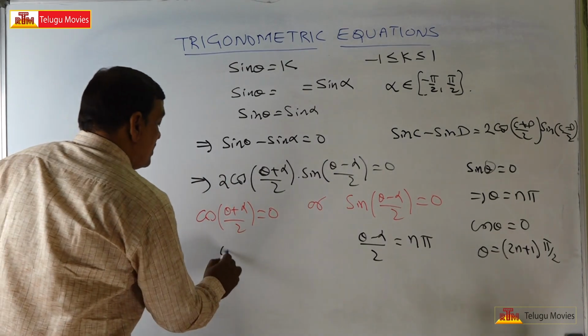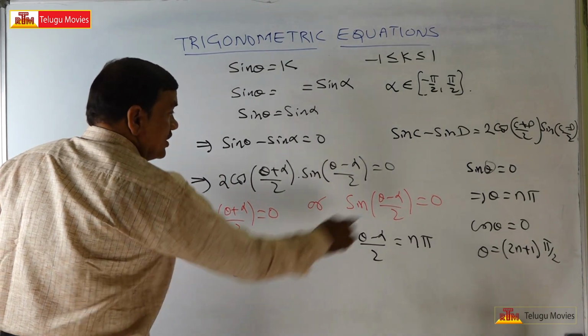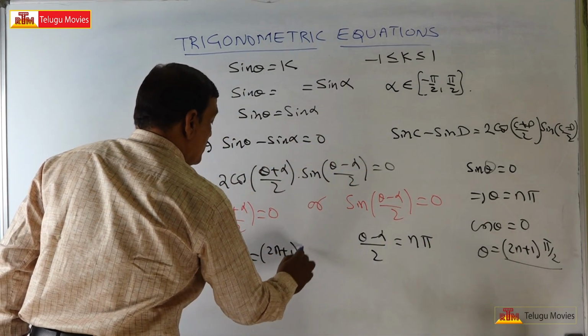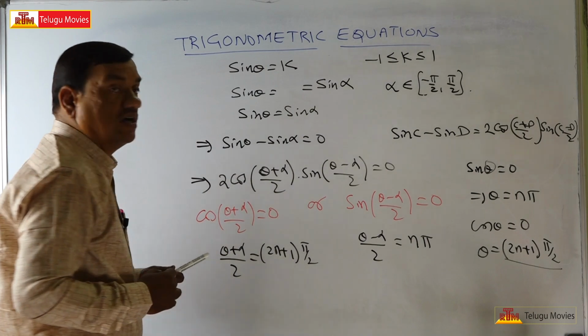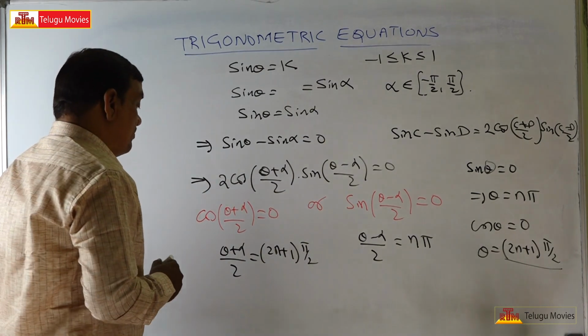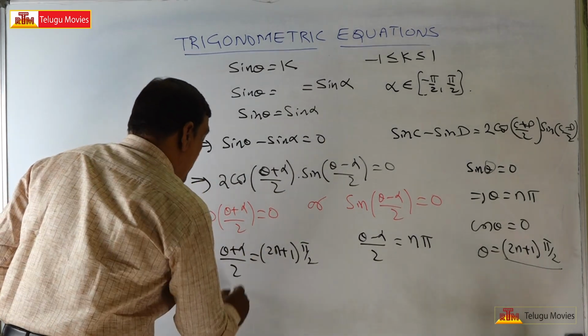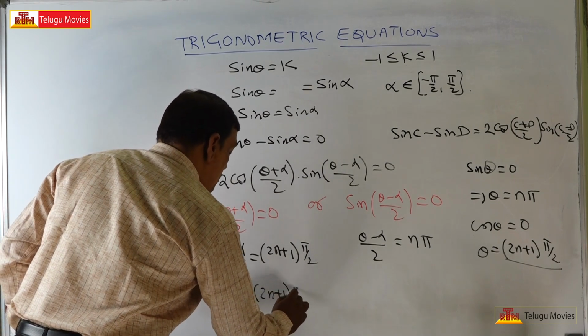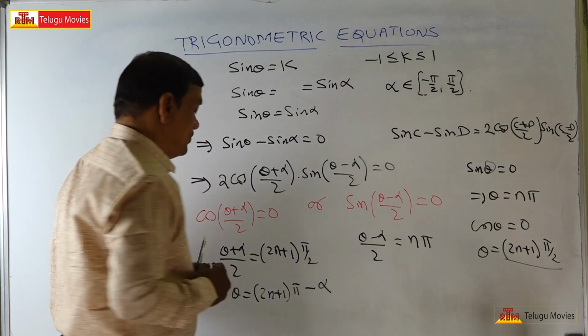Here, theta plus alpha by 2 is equal to 2n plus 1 into pi by 2. Understand this? Right. So from this, you can cancel 2 here. Theta is equal to 2n plus 1 pi minus alpha.